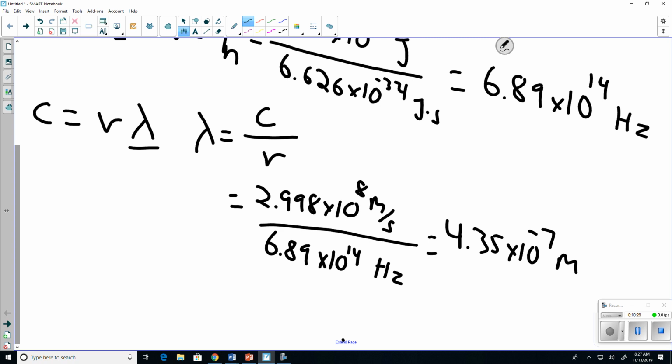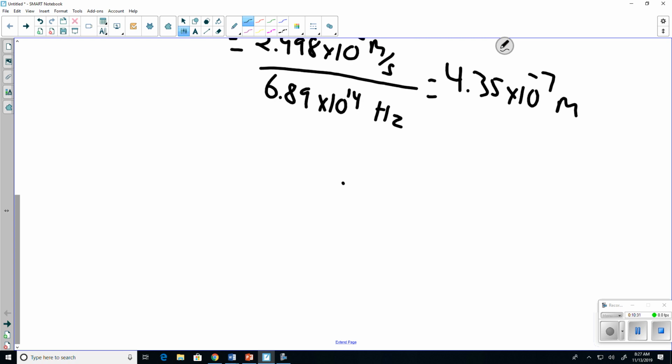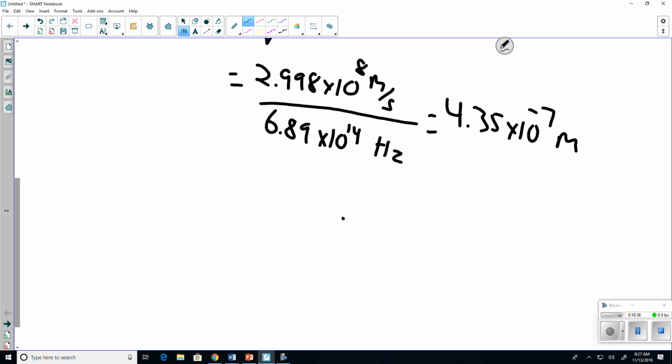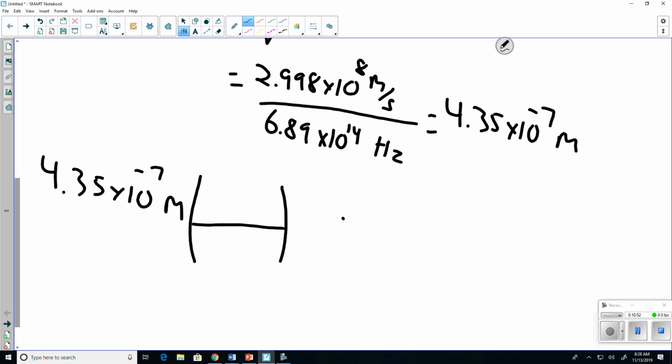Now, if it does not give you the unit that you need to solve for, you could be done with this question. However, I want to remind you of the nanometer conversion as well that we went over in Chem 1, because typically light is measured in nanometers. And remember our spectrophotometer, for example. So I'm going to cap this off with a metric conversion as well. Where if I want meters to cancel out, I need meters on the bottom.